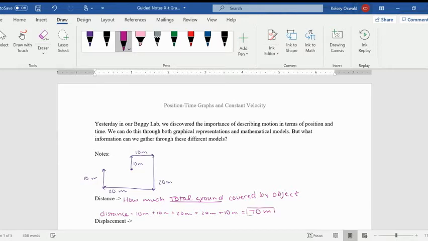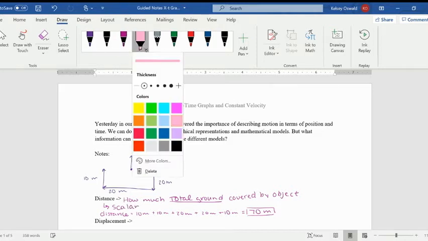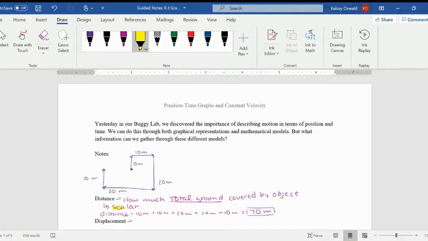Okay, so distance, we're just saying how much total ground was covered by an object. Notice how when we were finding our distances, we did not include direction. And because of that, we're going to define distance as a scalar. Okay? And when we talk about scalars, a scalar is a quantity that is just a number.